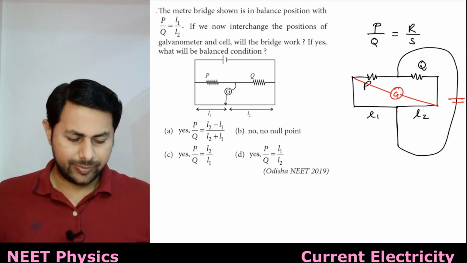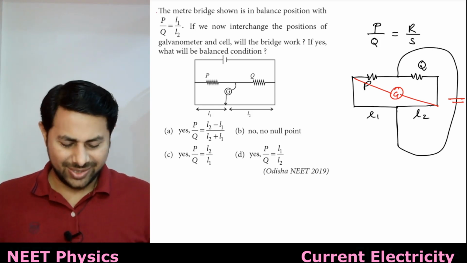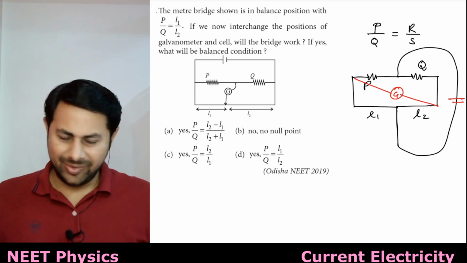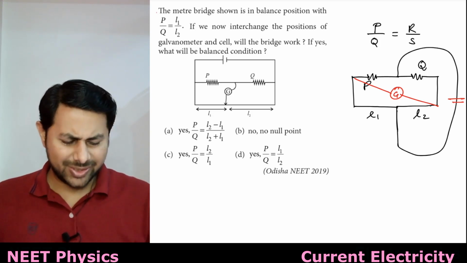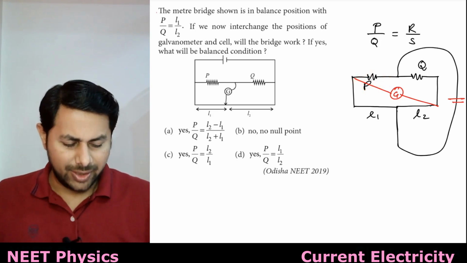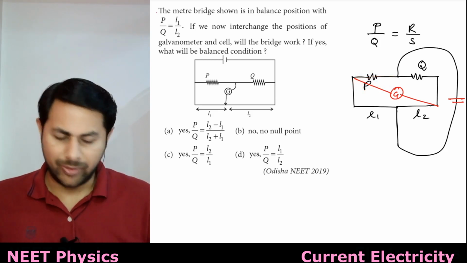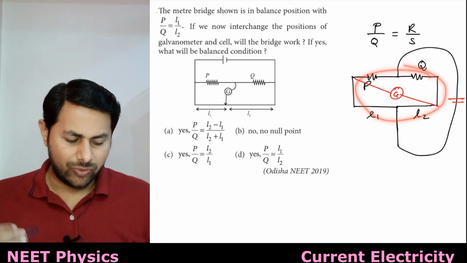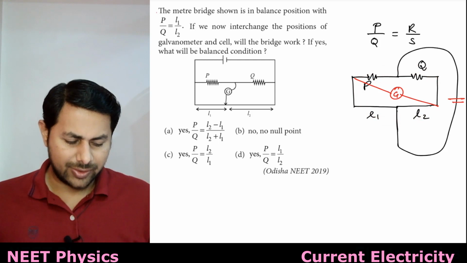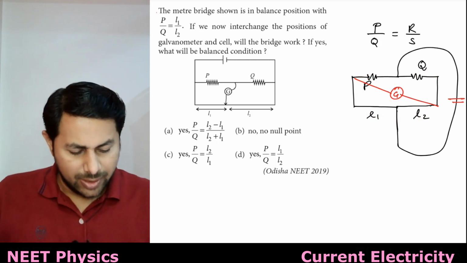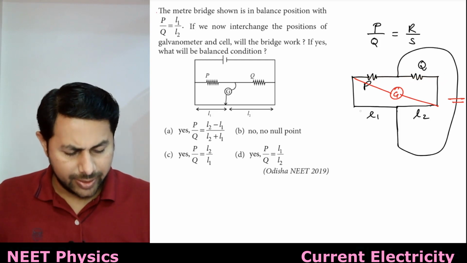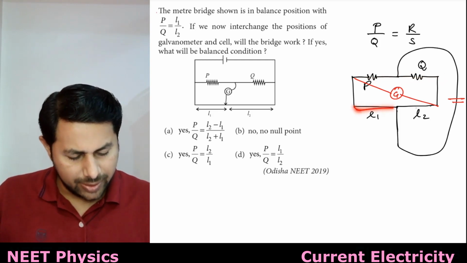Actually it will work, because for this bridge network to work, what would be the balancing condition? The balancing condition here would be P by Q equal to L1 is to L2 only.